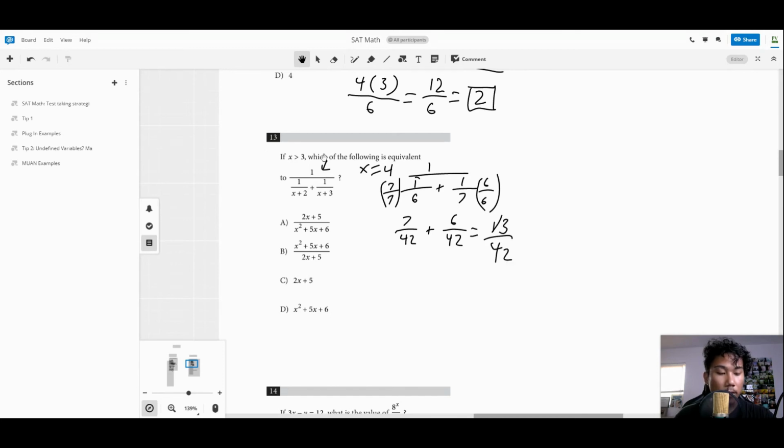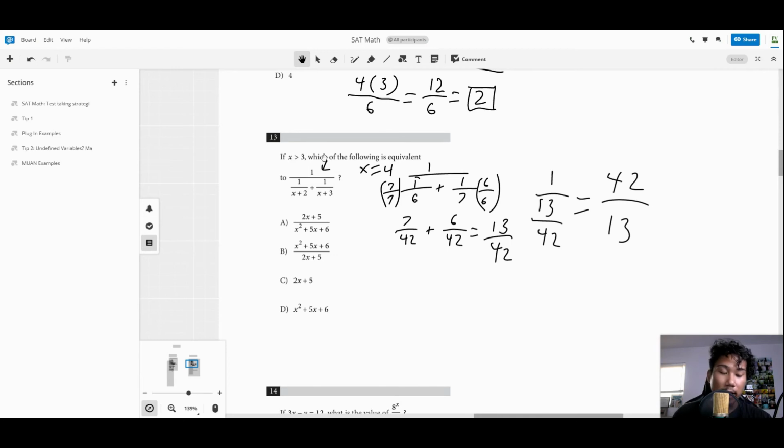Let me clean that up a little bit. 13 over 42. And so the question is asking us, which of the following is equivalent to 1 over 13 over 42, or the reciprocal of 13 over 42, aka 42 over 13. So I'm being asked to find 42 over 13 in the answer choices, right?